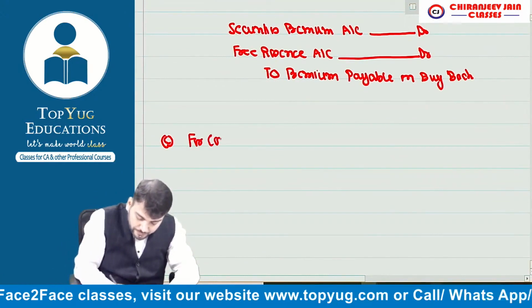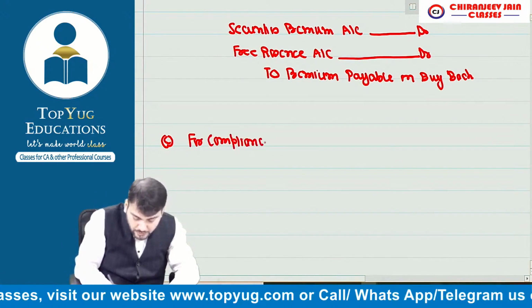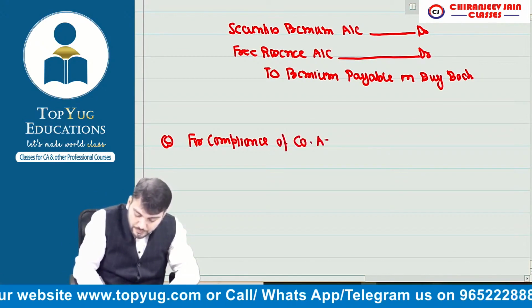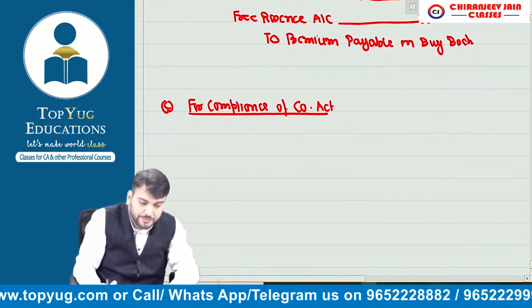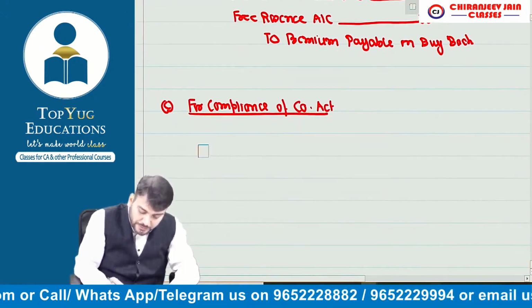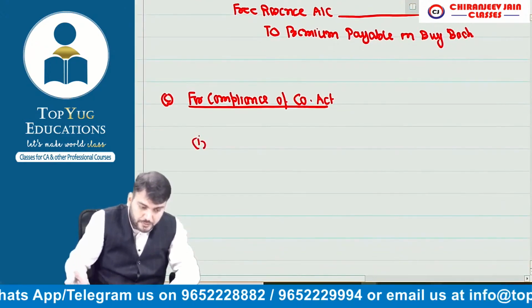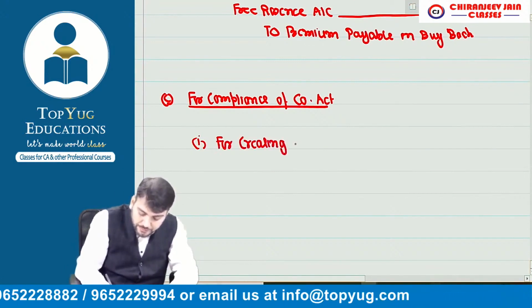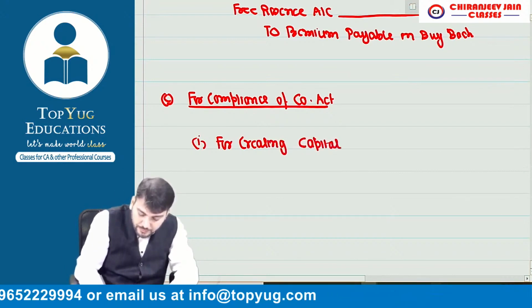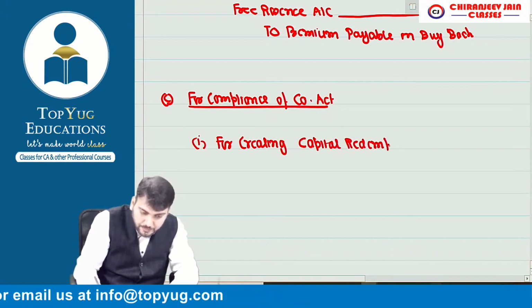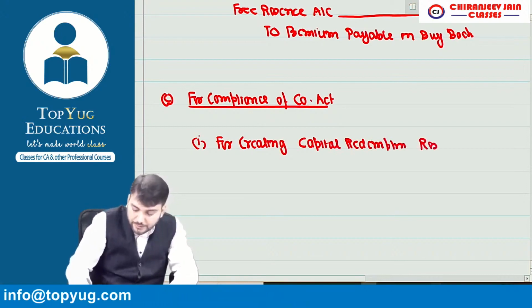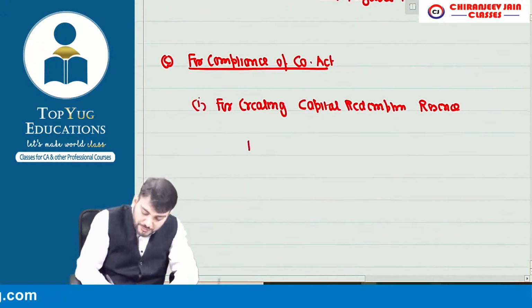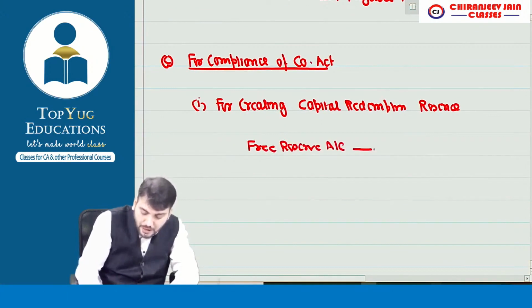Look, for compliance of the Companies Act, point number 1, for creating capital redemption reserve, what journal entry? Free reserve account debit to CRR.